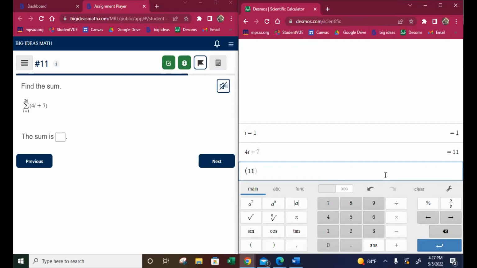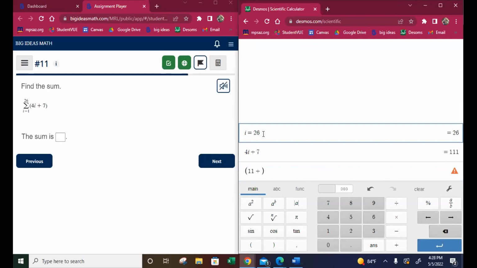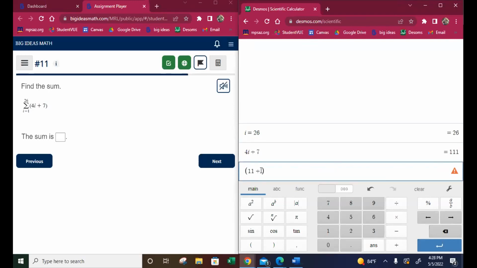Plus. Now we've got to go get the last number. So type i equals 26, or change that first line to i equals 26. Okay, and then 111 plus 111. And then to the right of it, go to the outside of the parentheses on the right there. You need the number of terms. So there's 26 because it goes from 1 to 26.